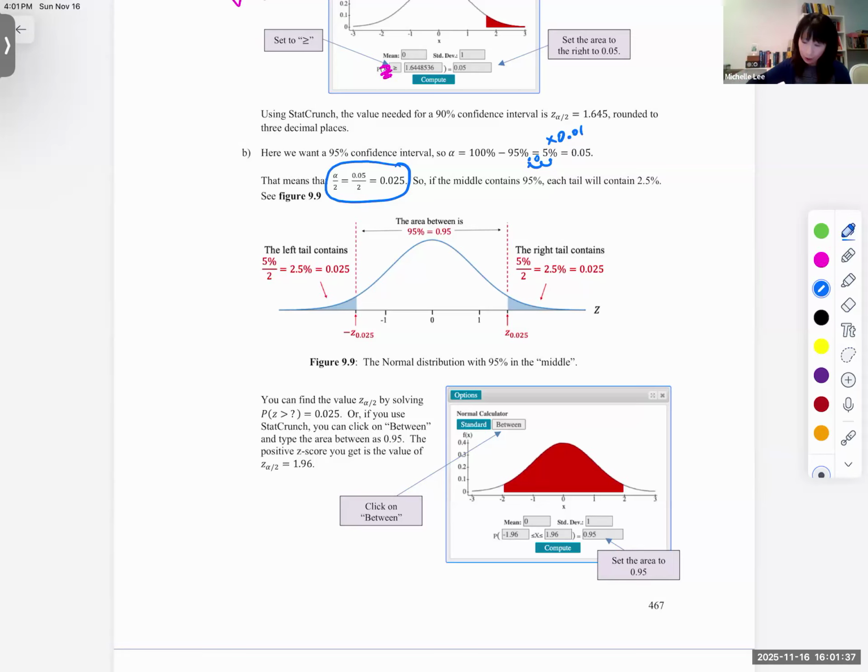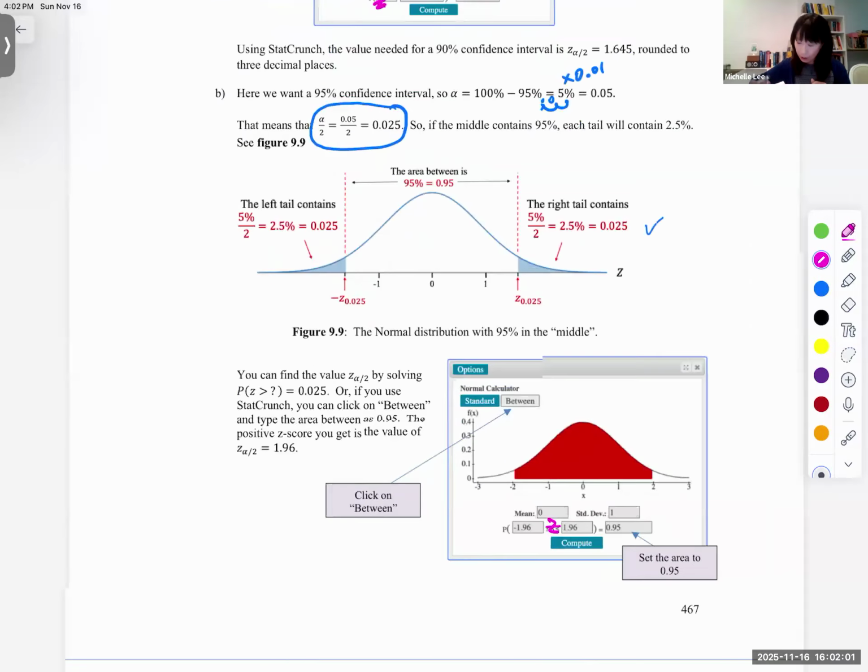Yeah, okay. Now we're going to the normal curve. We can use the right tail, or we can use between, either way is fine. So there will be the z-score. We can just use positive because it's the right tail.